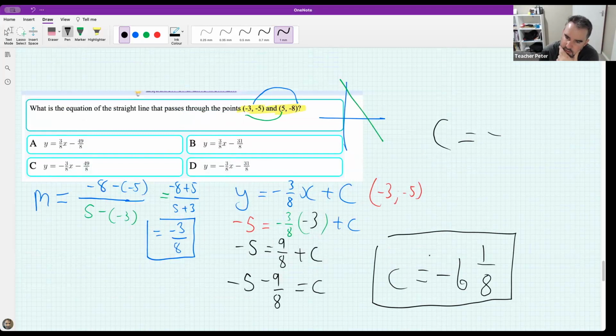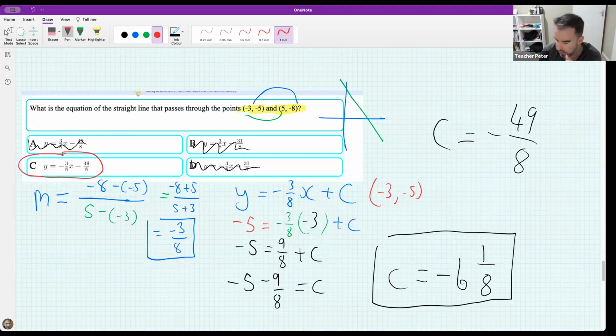So what would that be? 6 times 8 is 48, plus 1 is 49. So 49 over 8. Is there anything with a 49? Okay, so it's not this. It's not that. It's not this. And so the correct answer would be C. And so we've worked our way all the way up to equations of straight lines with fractions. Okay, everyone.